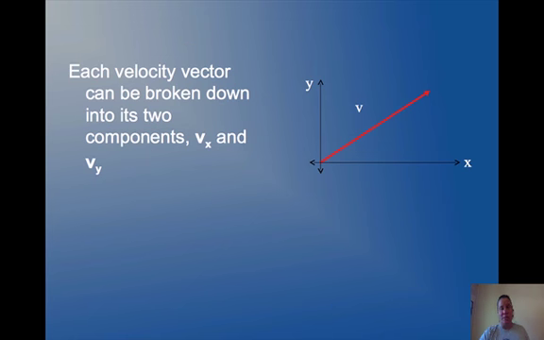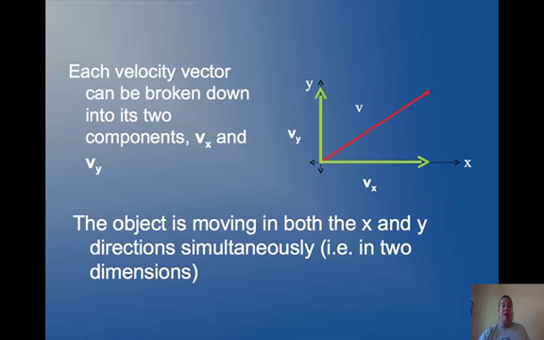Okay, so let's go back to our projectile. Every single velocity vector, so I'm just picking one of those along the path, can be broken down into its components. So we have Vx, that is the x component of the velocity, and Vy, the y component of the velocity. And again, we can solve for that mathematically.